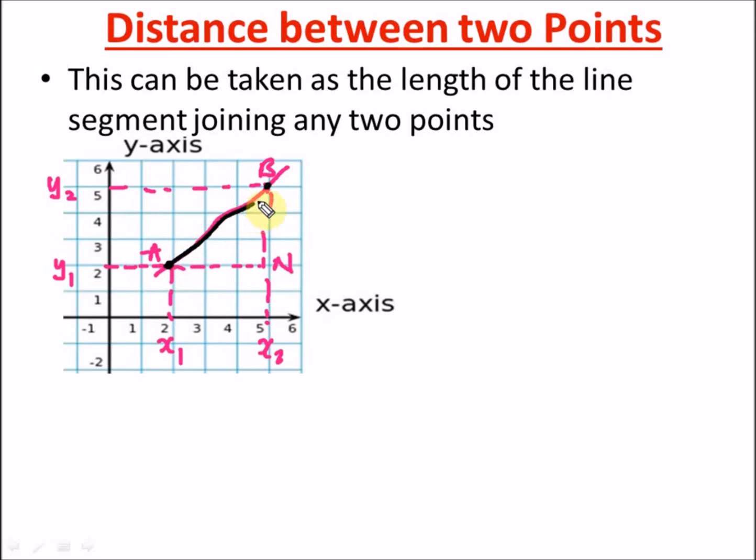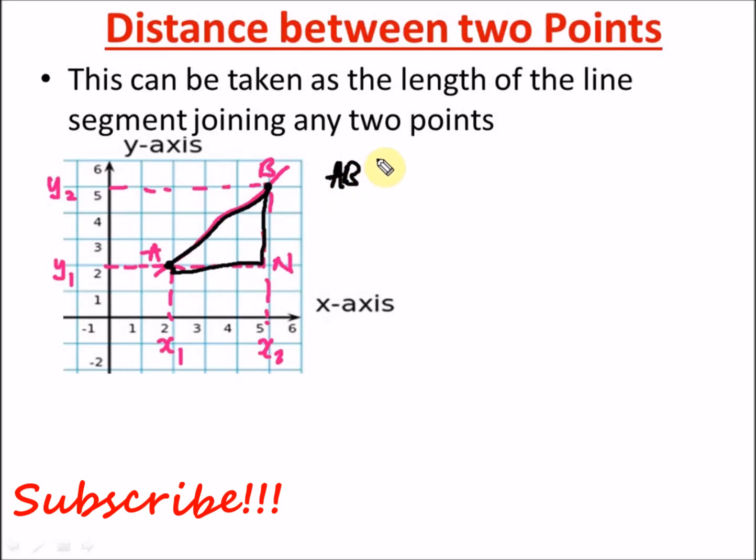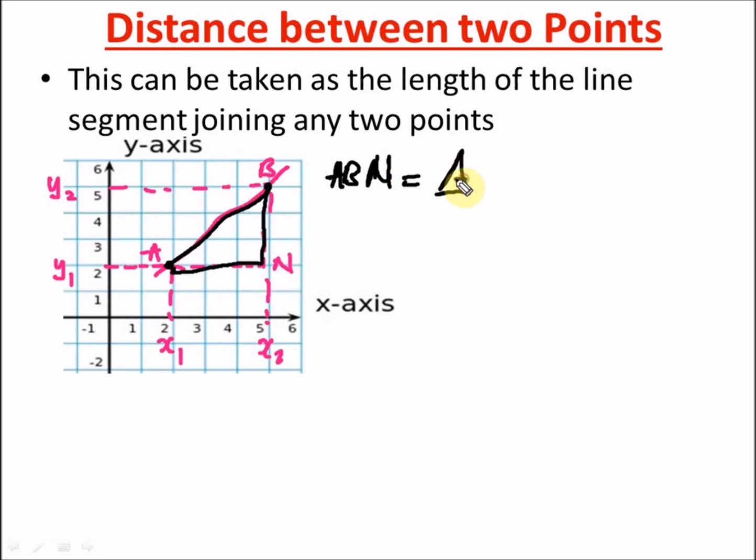When we trace this out, A, B, N is a right angle triangle. And when you have a right angle triangle, you can easily get this side, which is your hypotenuse.